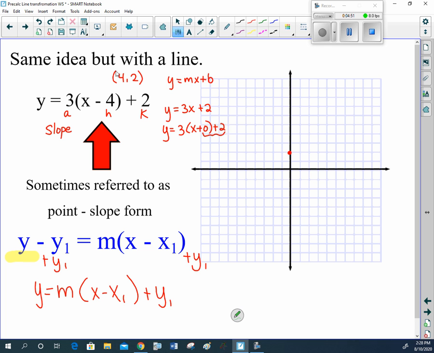Here's your A, here's your H, and here's your K. So instead of multiplying out this equation at the top and putting it in y equals mx plus b, we're just going to graph from this point right here, 4, 2, and up 2. And then what's our slope? Our slope is 3. So we're going to go up 3 over 1. And there's our line.